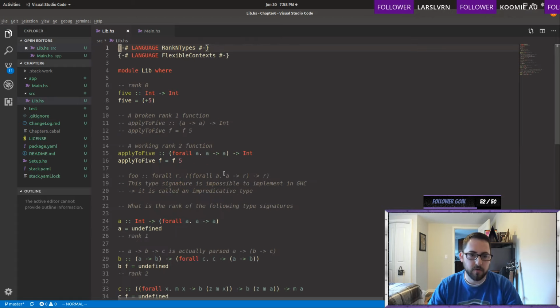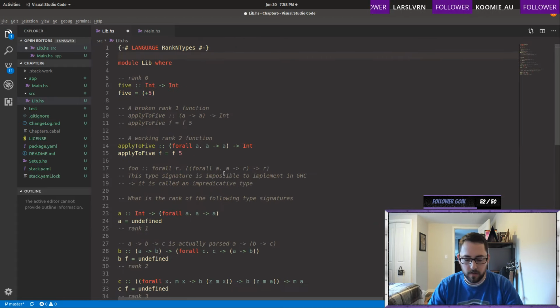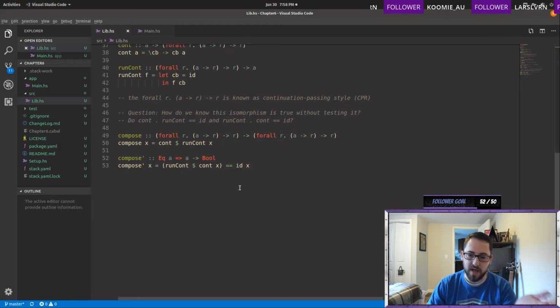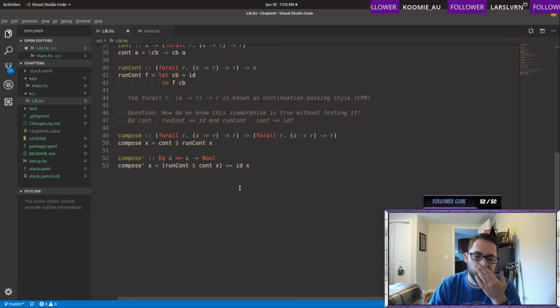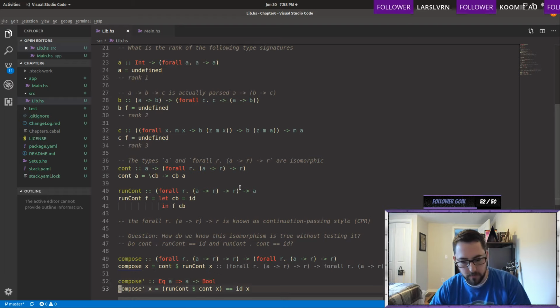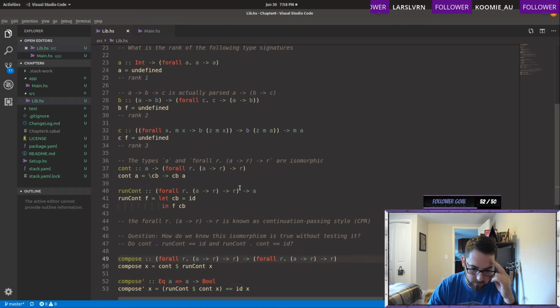How would you compare a function? How would you equate two functions? You have to apply them to something. What do I have to apply them to? Okay, we can write this function, I think. But how?